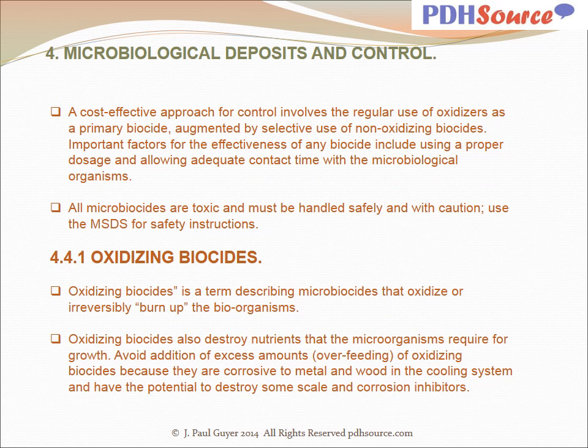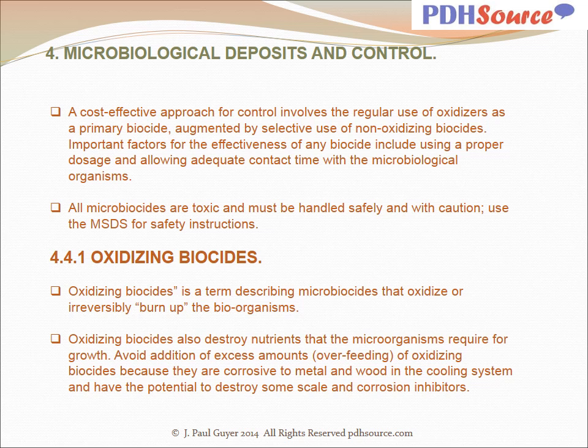A cost-effective approach for control involves the regular use of oxidizers as a primary biocide, augmented by selective use of non-oxidizing biocides. Important factors for the effectiveness of any biocide include using a proper dosage and allowing adequate contact time with the microbiological organisms. All microbiocides are toxic and must be handled safely and with caution.